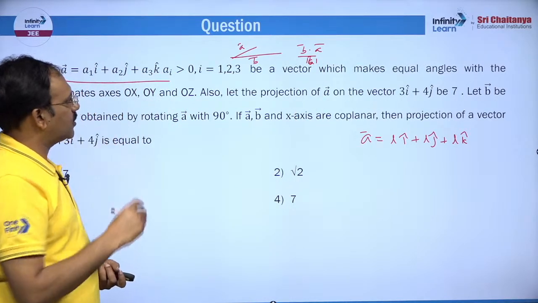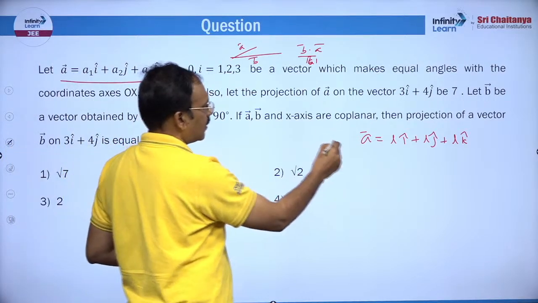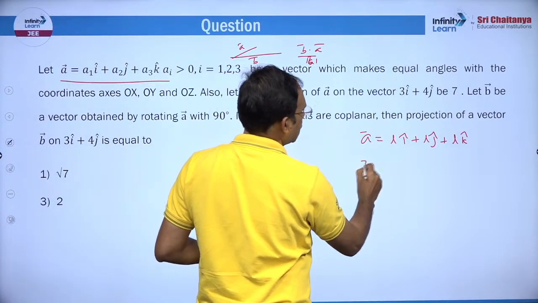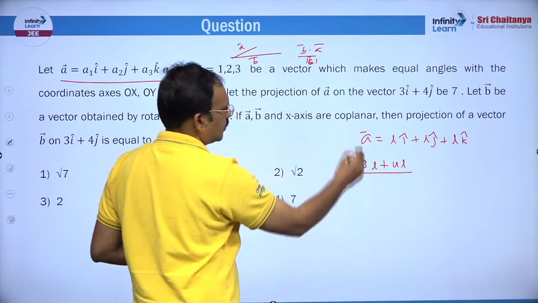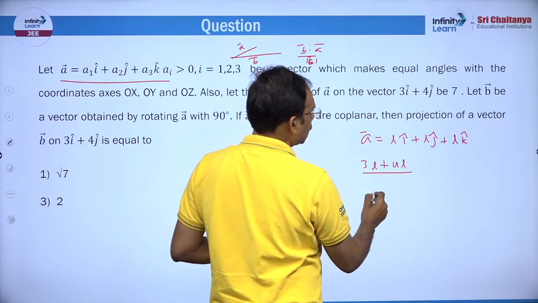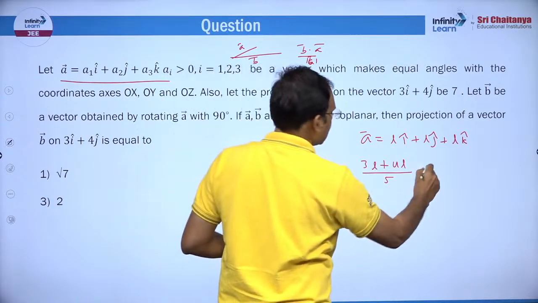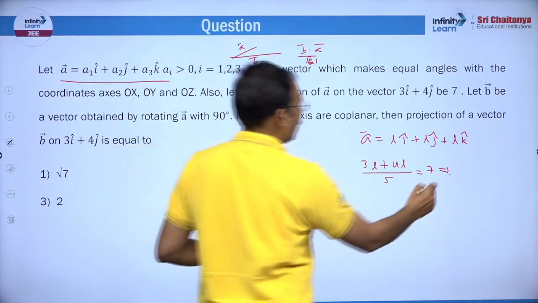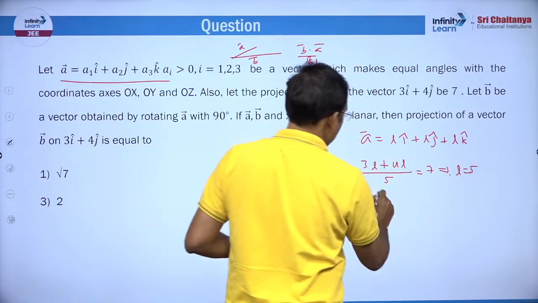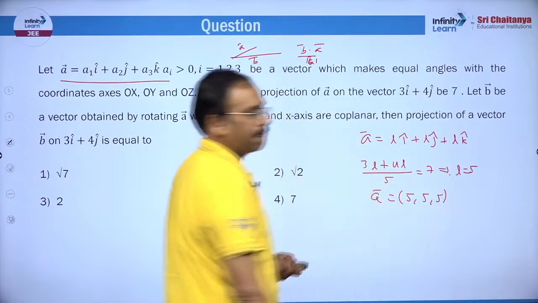So, projection of this on (3, 4), in the sense you can take like this, and the projection is 3L plus 4L by, this is root of 3 square plus 4 square, which is going to be 5. It is given as 7, from which 7L, no, L is equal to 5 you will get. So, you can say A bar is a vector like (5, 5, 5), that is all.